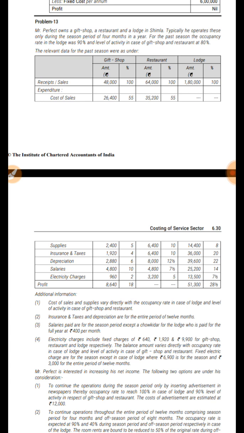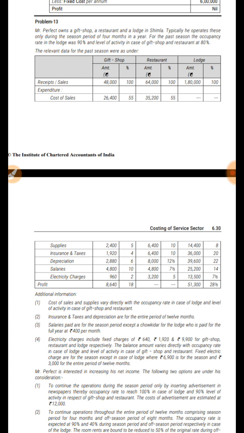Like they said, for the 4 months, gift shop and restaurant, their activity level is at 80%. So this 100 is 100% of that 80%. It's not like they are showing 100% of the activity level here.